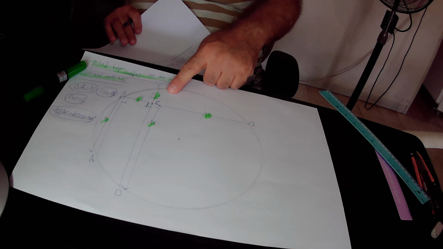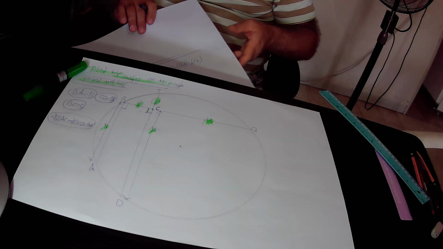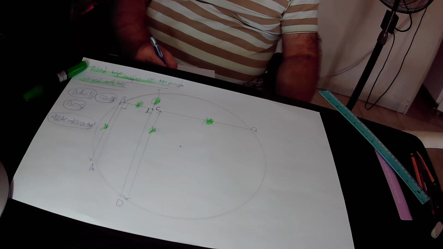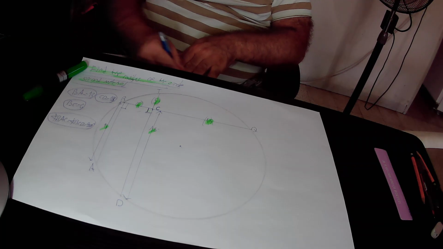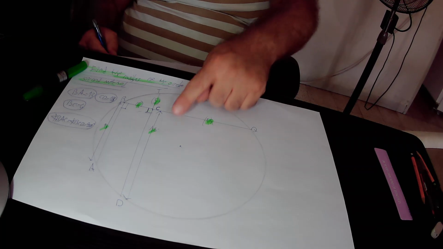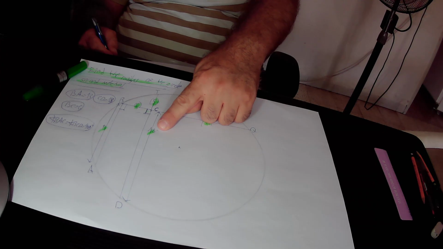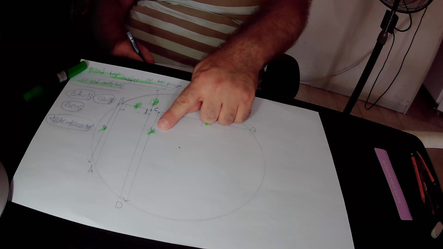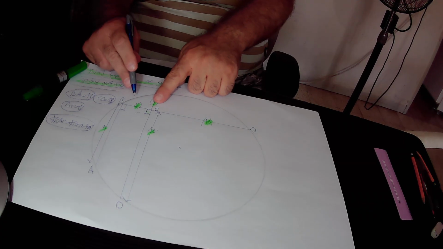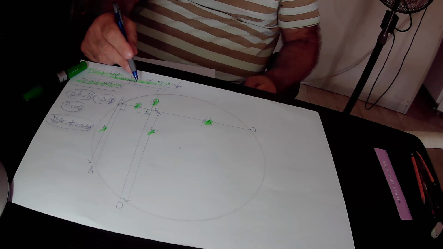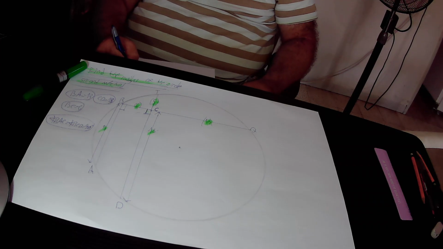TC is 5, therefore TC squared is 5 squared, that is 25. Plus CD squared. CD is 18 according to what is given in the question, therefore CD squared is 18 squared, that is 324. Plus BC squared. BC is 6, therefore BC squared is 36.